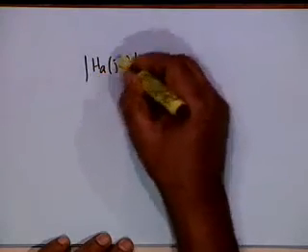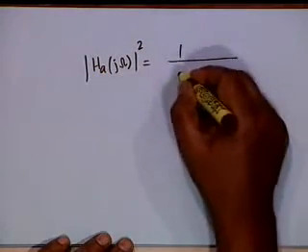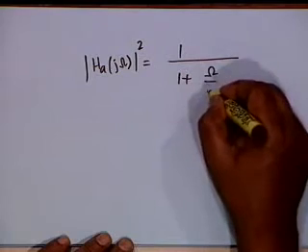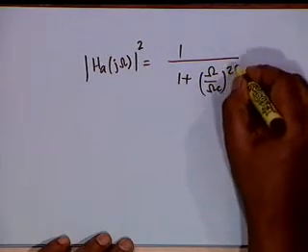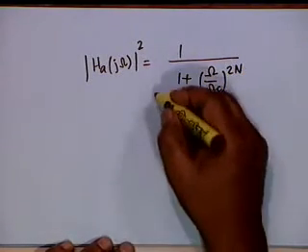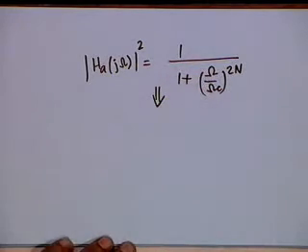as 1 plus omega by omega c to the power 2n. This is not adequate for designing the filter.